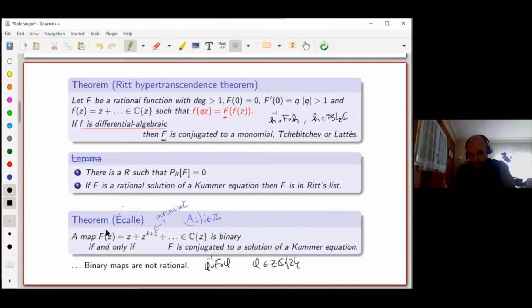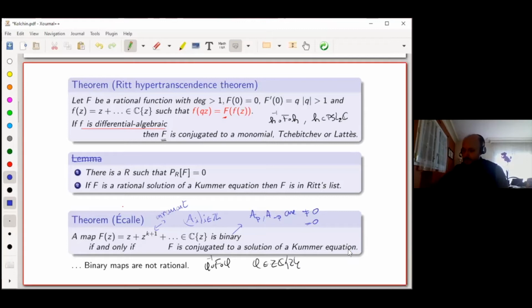All the conjugacy classes of such a map are completely described by a set of invariants, and binary means that there exists a p such that only a_p and a_minus p are different from 0, and all the others are equal to 0. He proved that a diffeomorphism is binary if and only if it is conjugated to a solution of a Kummer equation, with a rational R, not the holomorphic version of this equation.